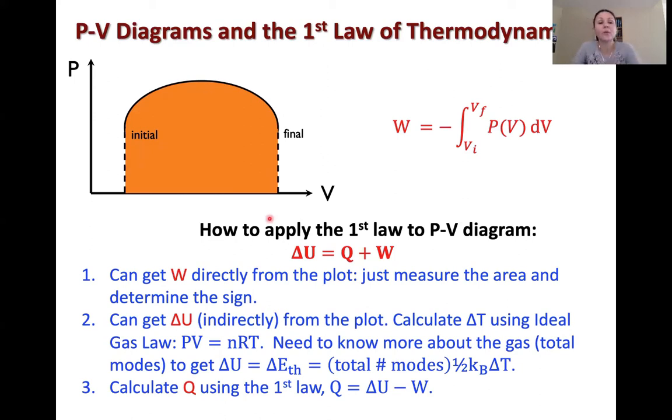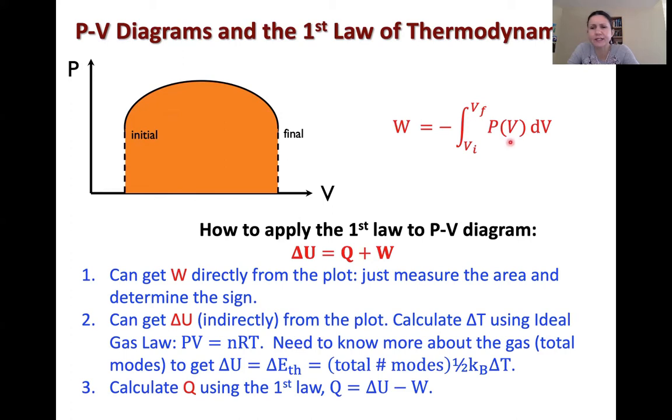Well, first, work, this term in your first law, you can get directly from the plot. How do you do that? By either taking the area underneath that plot, or if you know the functional dependence of this plot, you will take an integral.